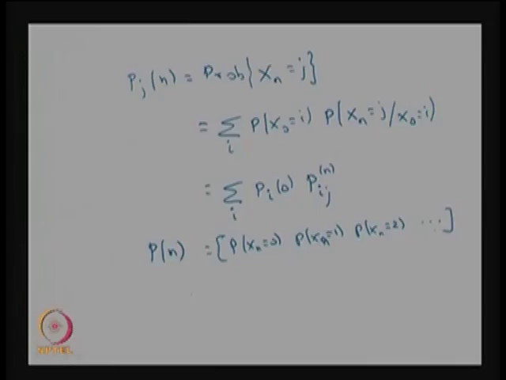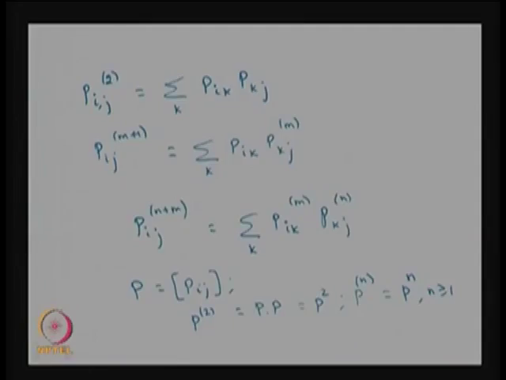This is the vector. So, the p of n you can find out in the matrix form by using the above equation. It is going to be p of 0, that is also a vector, the initial probability vector, multiplied by P superscript (n), that is the n step transition probability matrix, but the n step transition probability matrix is nothing but P power n. Therefore, this is the same as p of 0 into P power n.